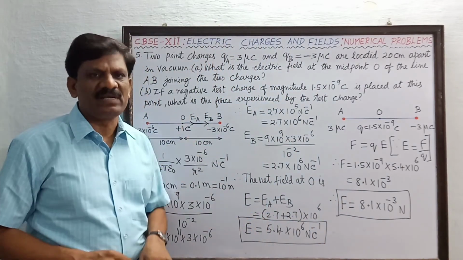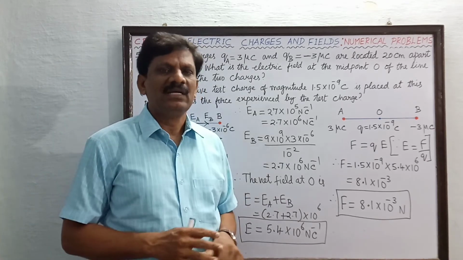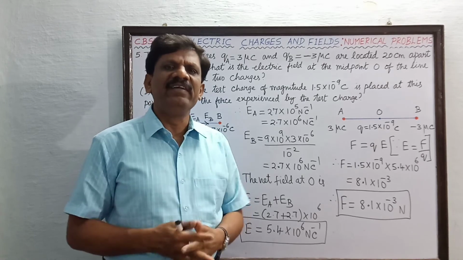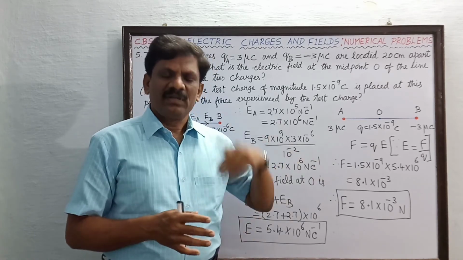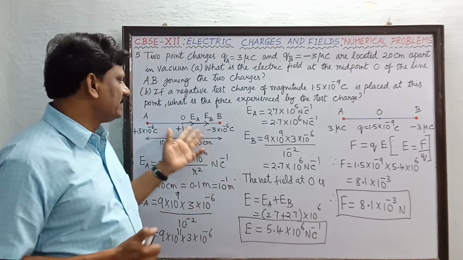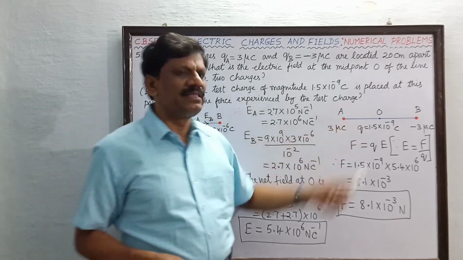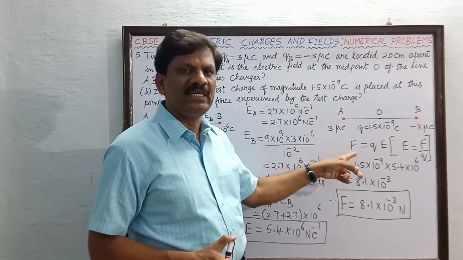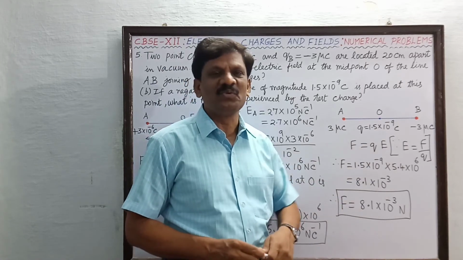This is called unit positive charge, and it will experience two forces. Understand? So the net field is due to the field due to the first charge and the field due to the second charge. Both will be in the same direction. So instead of unit positive charge, if you keep any other charge, use directly this equation, F is equal to QE. Understand? I hope you have understood well. Fine.